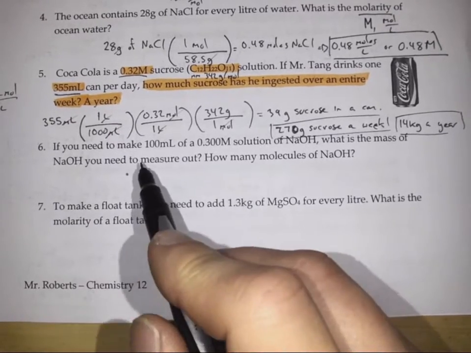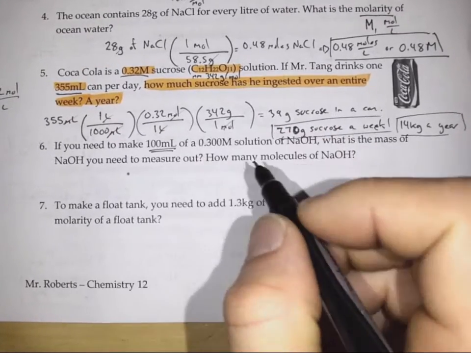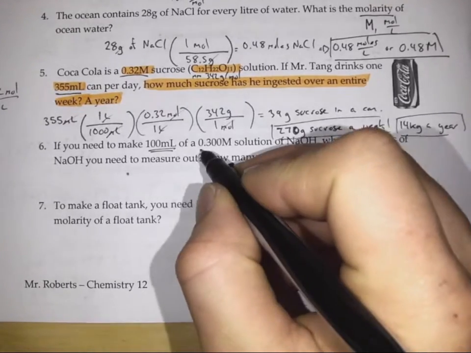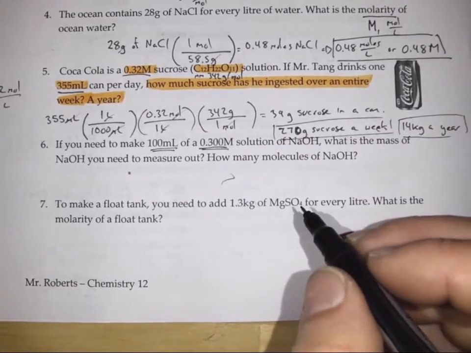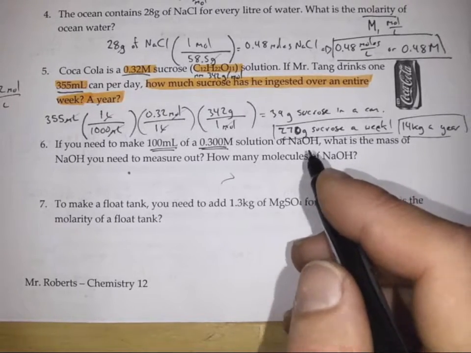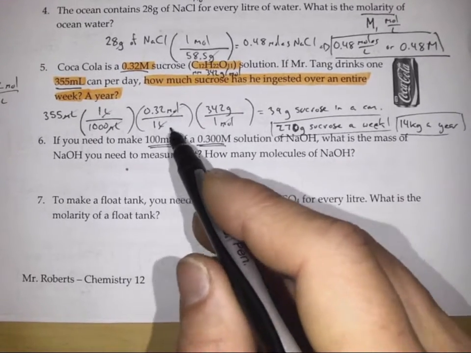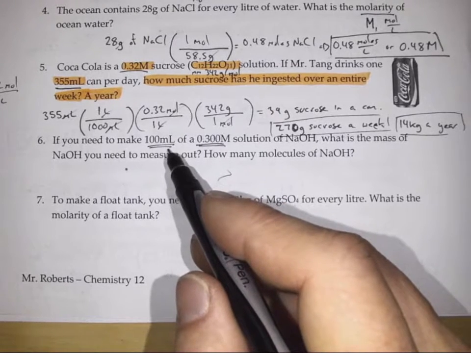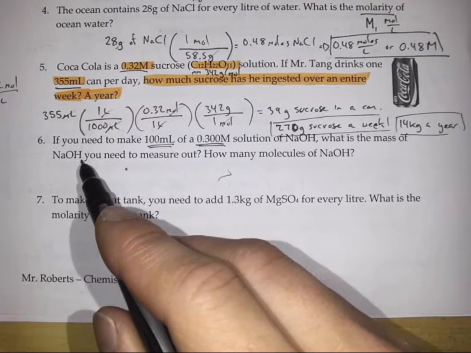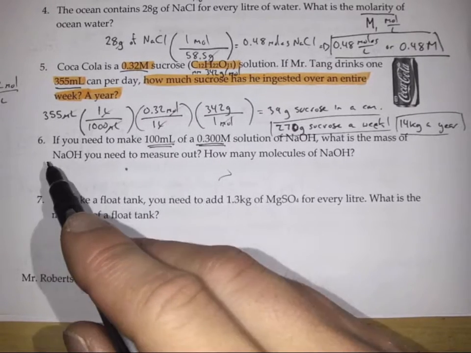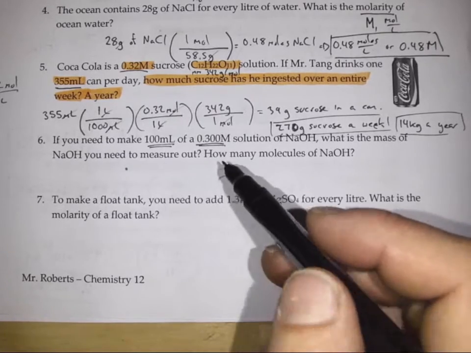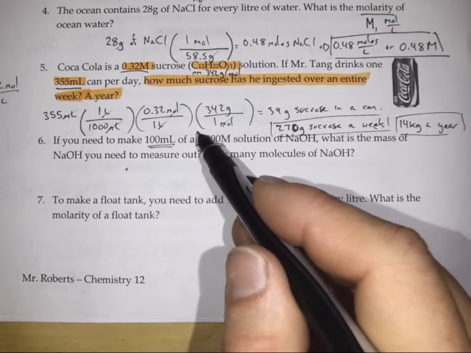If you need to make a certain volume of a solution that also has a certain concentration of sodium hydroxide, in this case, we know we're probably going to need about 100 milliliters of water. The question is, how much of our solute, our NaOH, are we going to need to add so that overall, when we're all said and done, we have the right concentration?